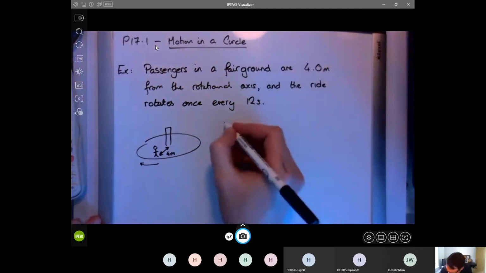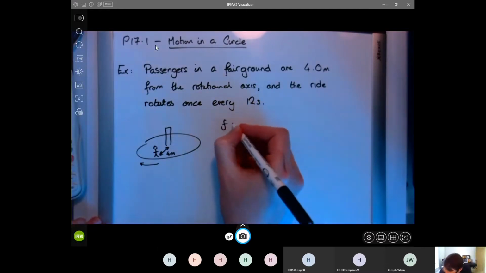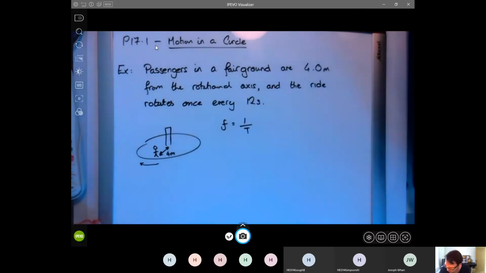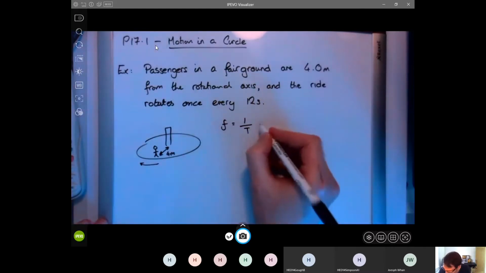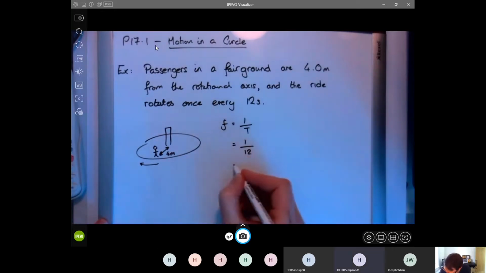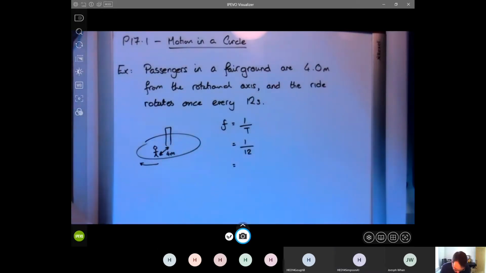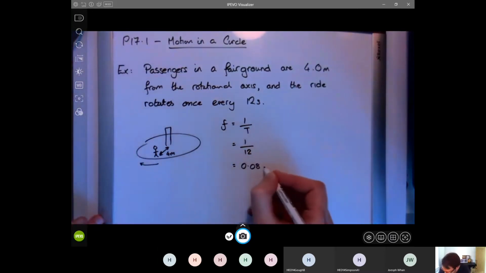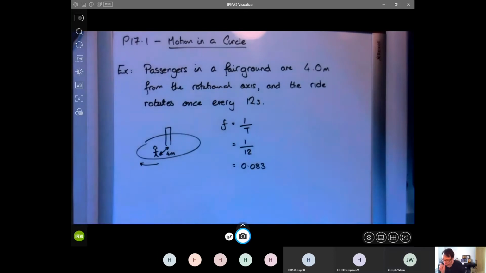So first of all, let's work out the frequency of rotation. So frequency would be 1 over the time period for one rotation. Well, that is in fact going to be 1 over 12, which is going to be, work this bit out on my calculator, 0.083. And what would be my units for that?